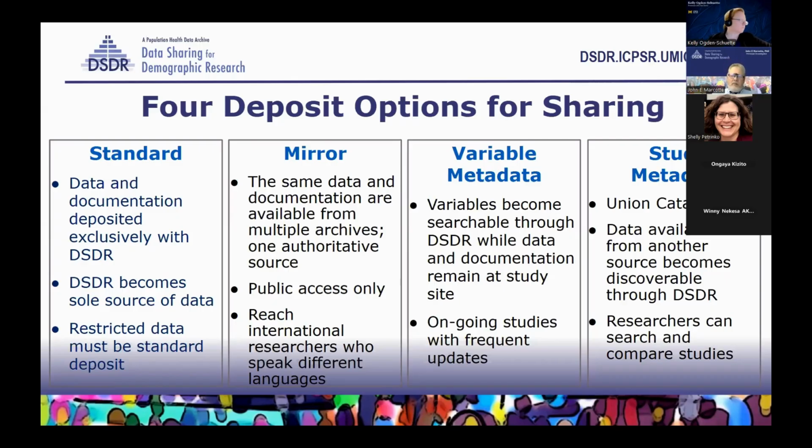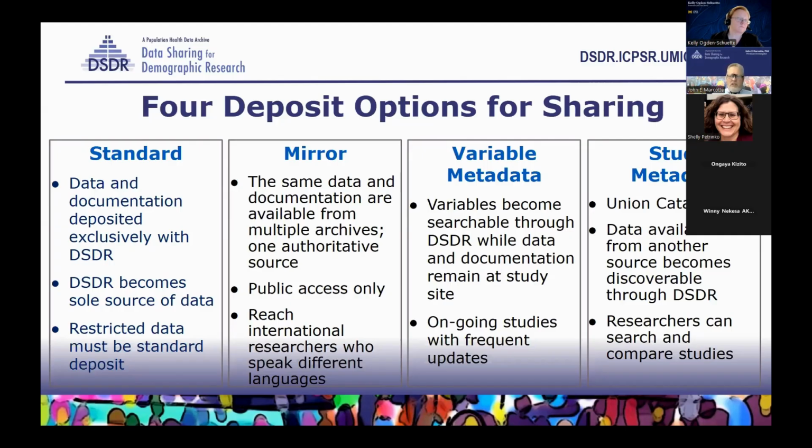There's what we call a mirror deposit. What a mirror deposit is, the same data and documentation are available from multiple archives with one authoritative source. Typically, this is only public or open access data. But what's important about a mirror deposit is that we can mirror with potentially an archive on another continent.